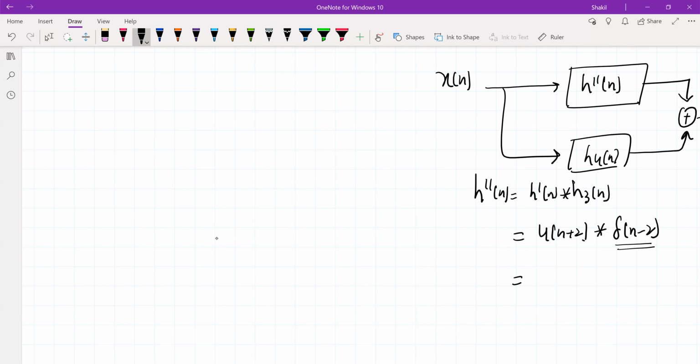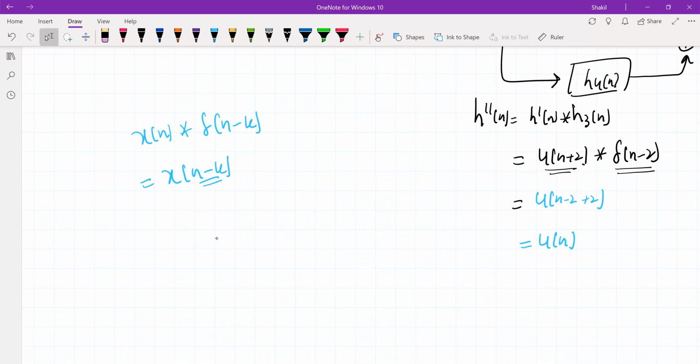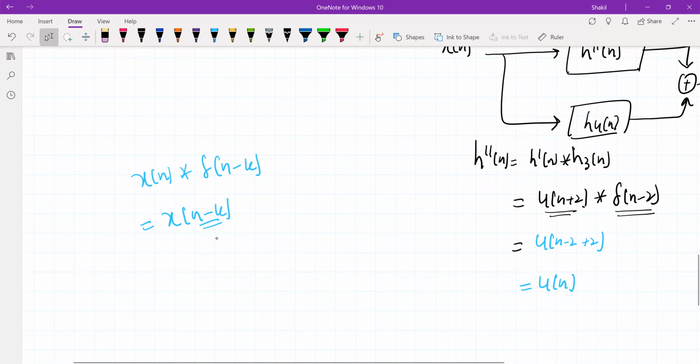If x of n is convolved with delta of n minus k, just replace n in the original sequence by n minus k. So if I put n minus 2 in place of n in u of n plus 2, then there is plus 2 also, and you can say this is simply u of n. So h double dash of n is u of n.